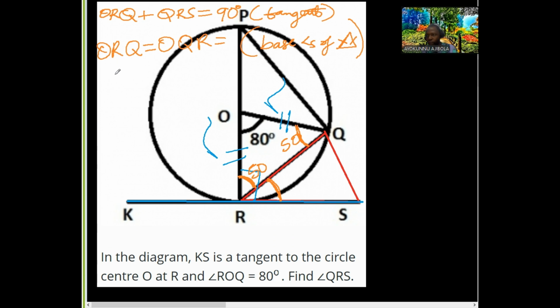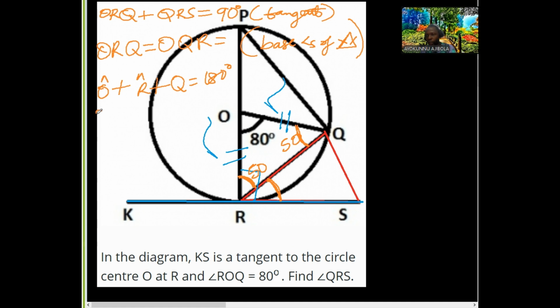With that, you can say ORQ is 50, since it's obvious, okay? But if you want to show the working further, you will just say angle at O plus angle at R plus angle at Q is 180 in a triangle.